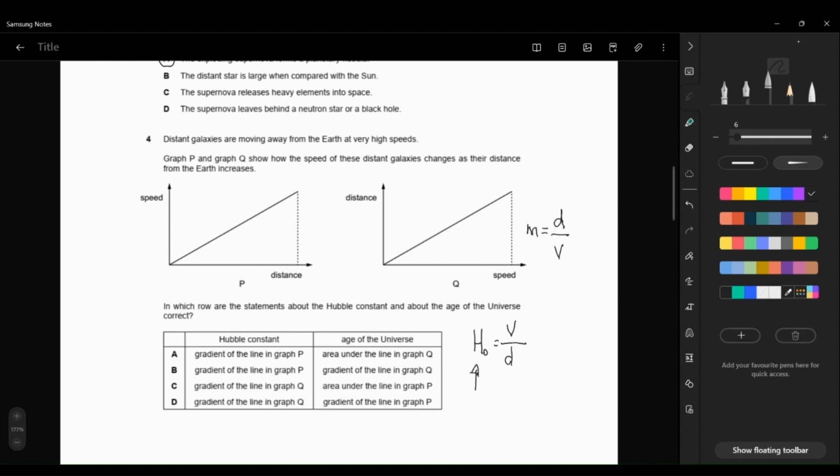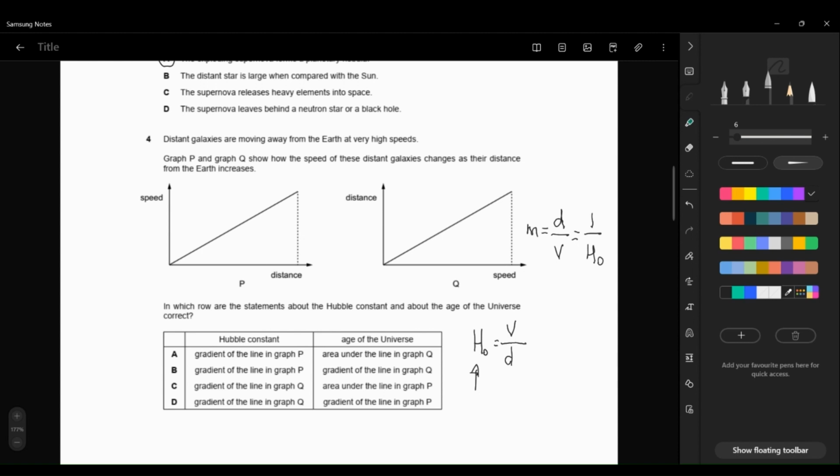So, in other words, the distance divided by the speed, if you compare this with the original expression for the Hubble constant, this is no more than 1 over the Hubble constant. And you should know also that this is the expression that allows you to determine the age of the universe.